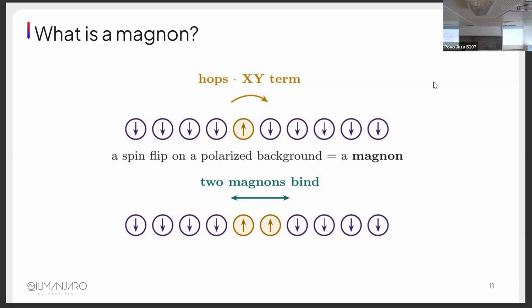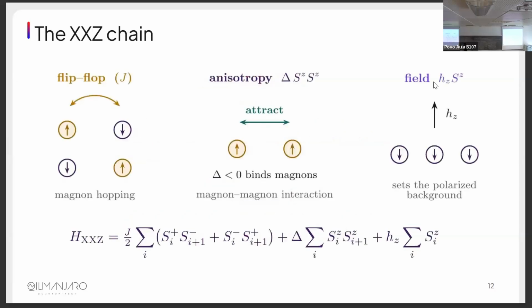We can also have two magnons that are coupled and move together, and this is called a magnon-magnon or bound state in this system. So our goal will be to construct this magnon-magnon state and move this quasiparticle along the system, and then see what happens when this quasiparticle interacts with the Gaussian-Hubbard model.